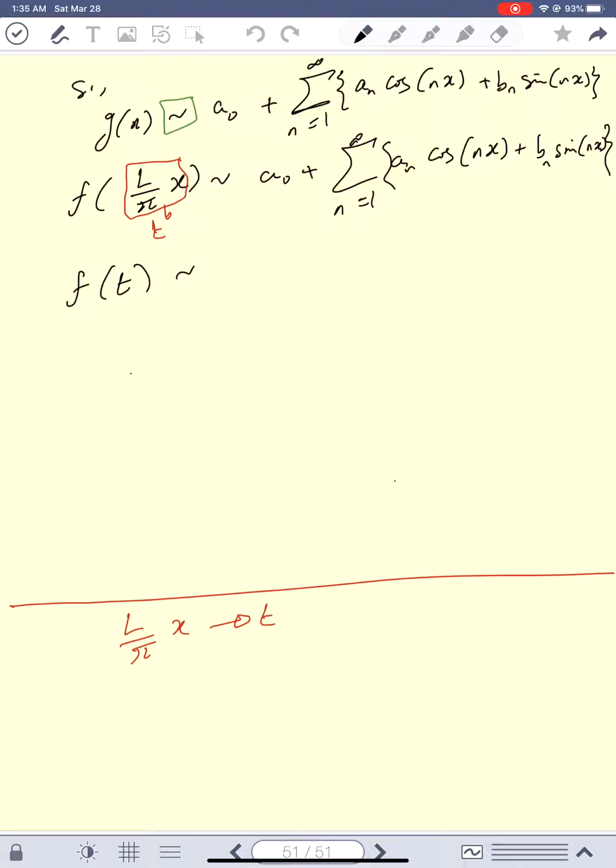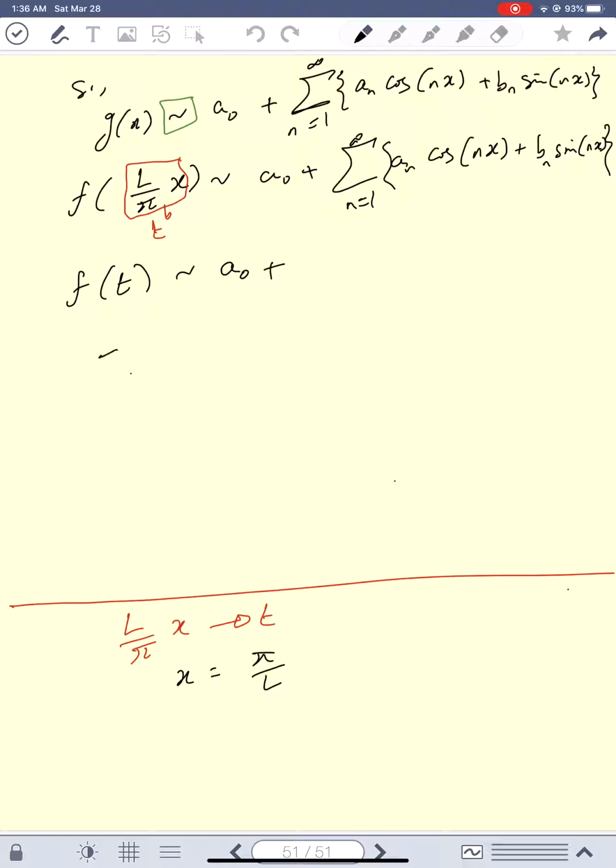So we're saying that the Fourier series of f of t is a naught plus the sum from 1 to infinity of an cosine n, what is x? It's pi over L. So n pi over L t plus, it seems I need more space, so let me write it in a new line.